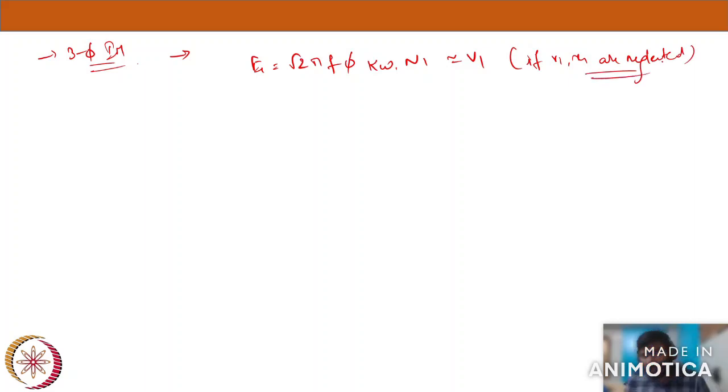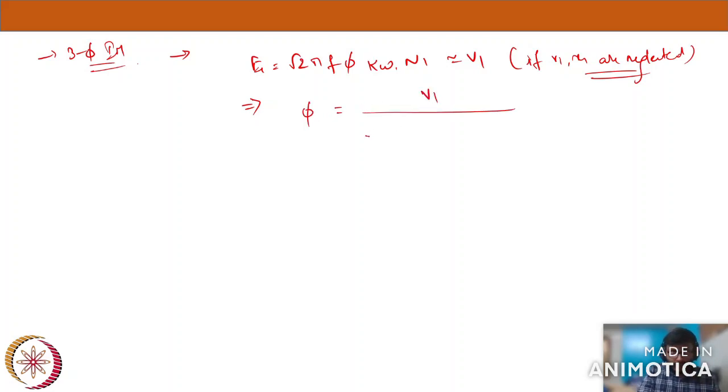So I'm writing E1 equals root 2 pi f phi. This phi is flux per pole, and this will be almost equal to V1 if R1 and X1 are neglected. If not, V1 can never be equal to E1. So you have to keep that in mind. From this formula which we wrote, what will be the value of flux?